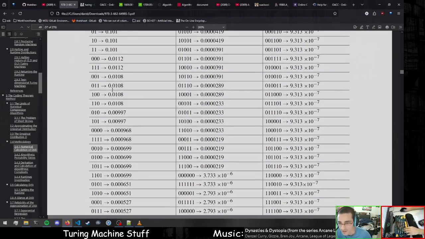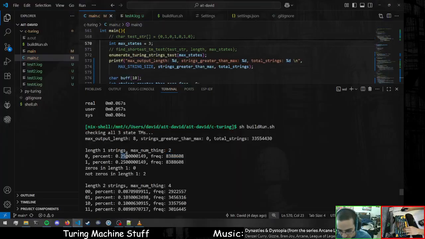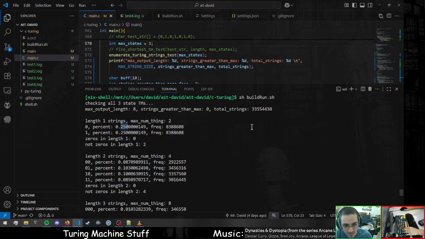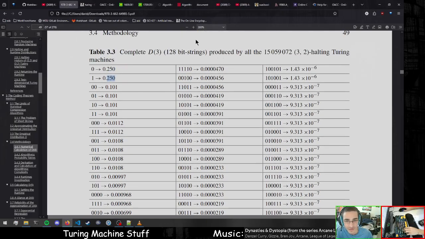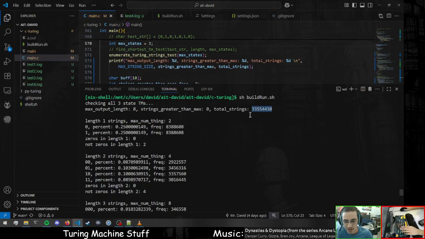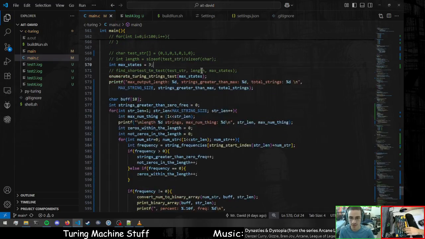We got 250. Oh my god. We actually got it. Okay, but we considered a little more strings than they did, I think. Somehow. Don't ask me how. Oh my god, we're so close to doing this correctly.